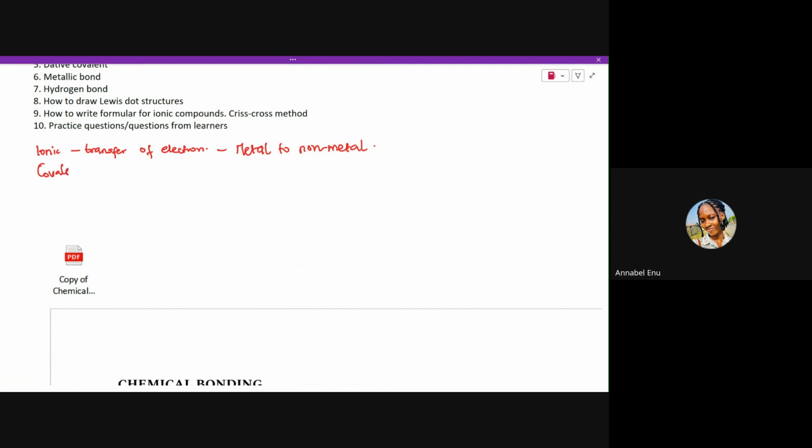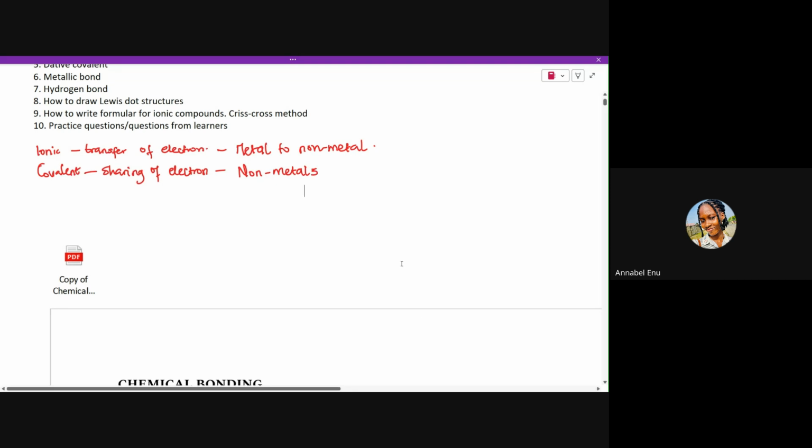Covalent bond has to do with sharing of electrons. Please, if you have questions as I am speaking, you can raise your hand, jump in, call me back, okay? And it involves non-metals. Sharing between non-metals, okay?